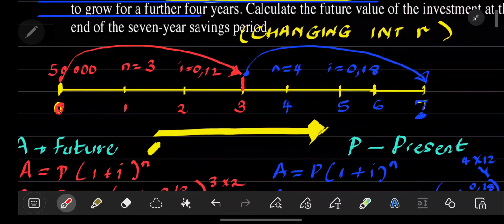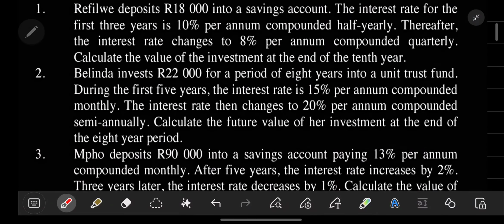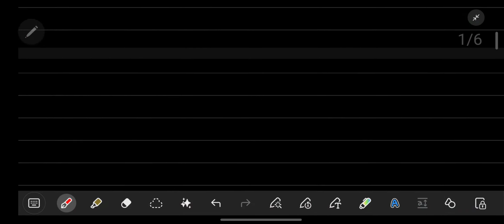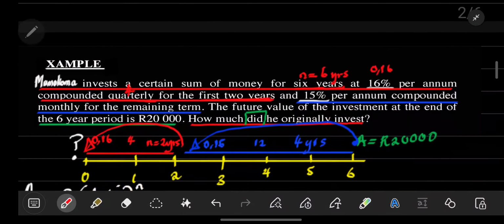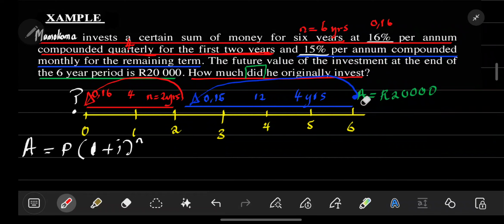You see here, our 50,000 was here, so we wanted to get the money there in future. So we were moving from here, going that side. But now in this instance, we have 20,000 there at the end. Then we want to know how much this person started with there.